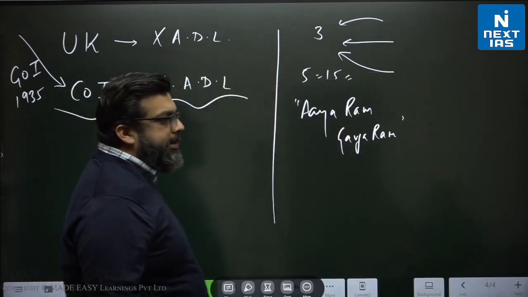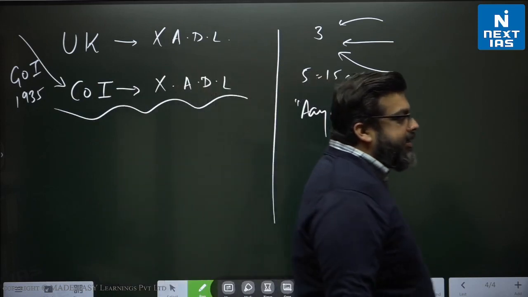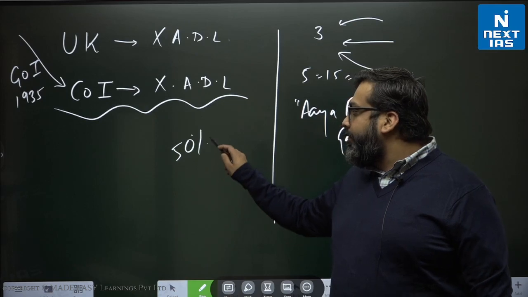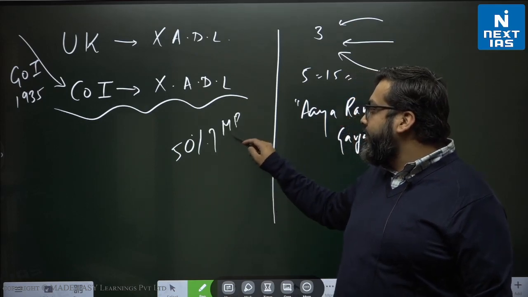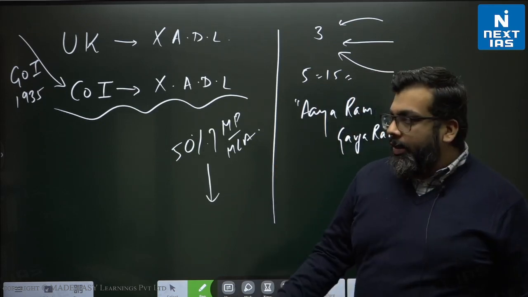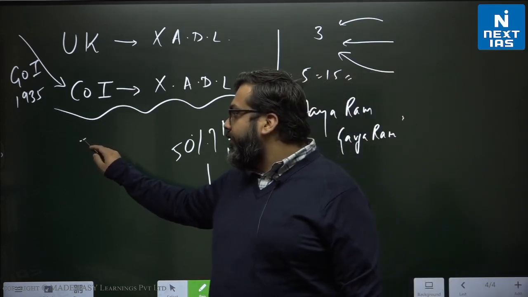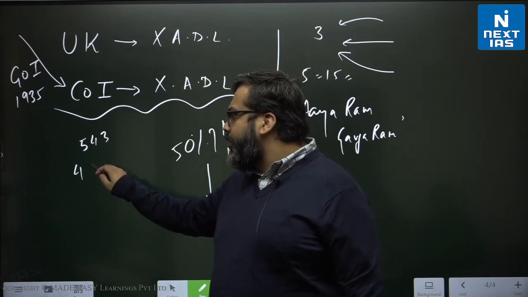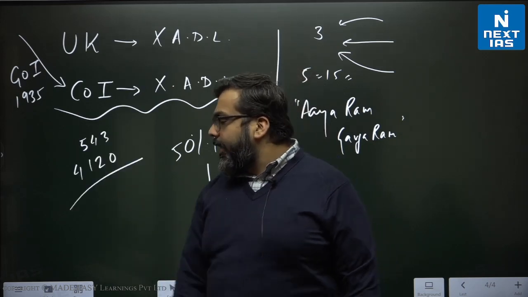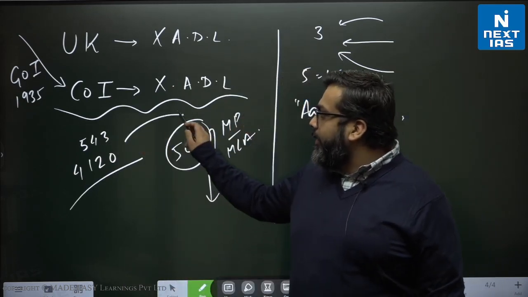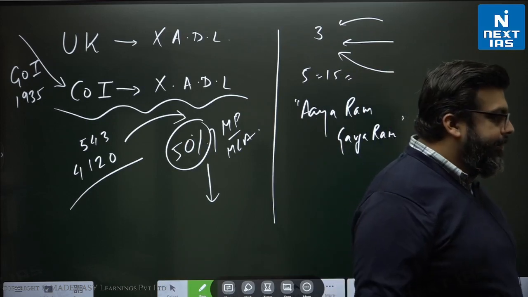Now very interestingly, by the 70s, almost 50% of our MPs and MLAs had started defecting to other parties. We have approximately 543 Lok Sabha MPs and we have about 4120 MLAs. इसका आधा दल बदल के इधर जा रहे थे, right?